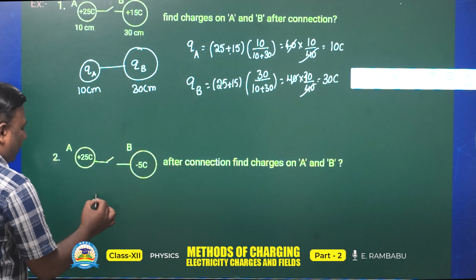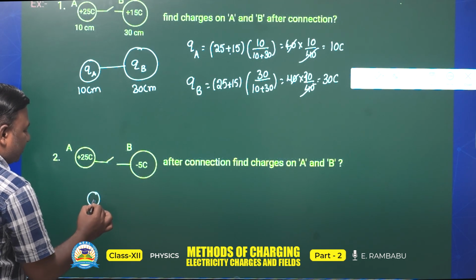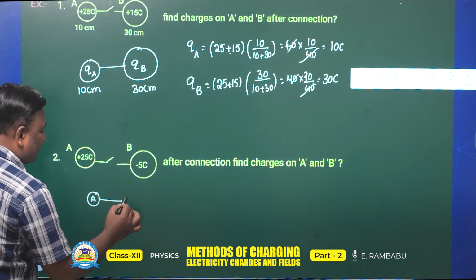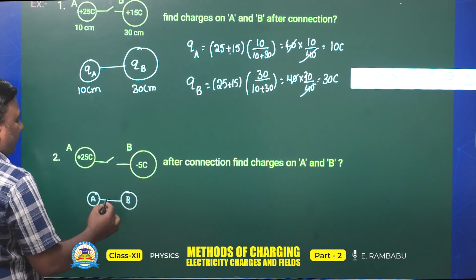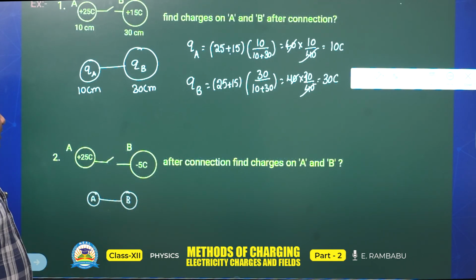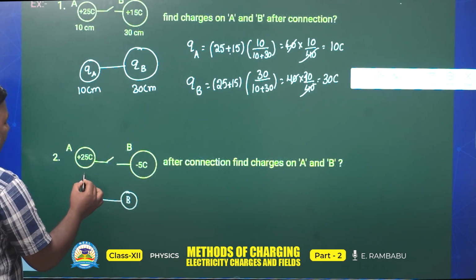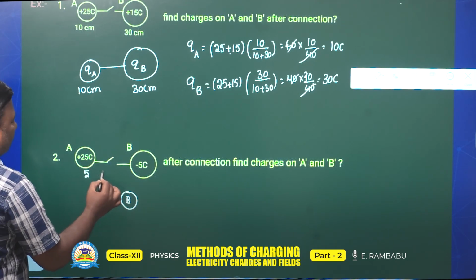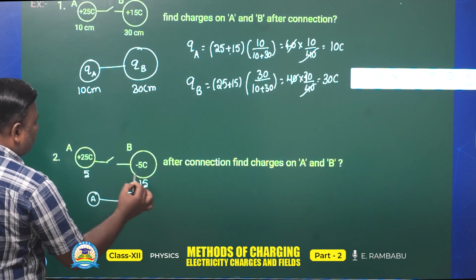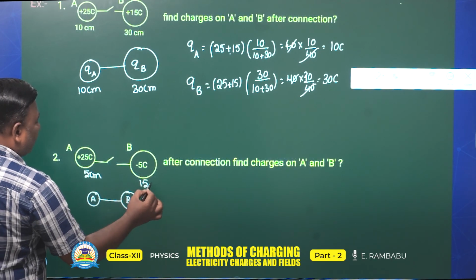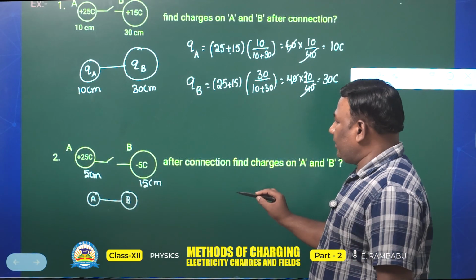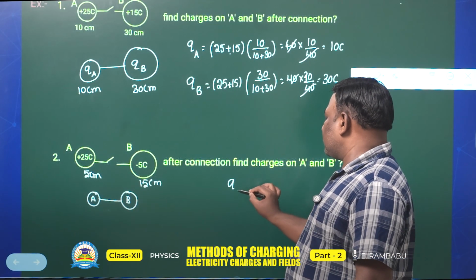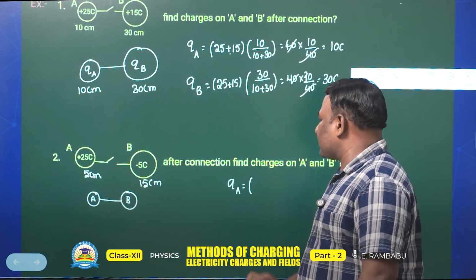Similarly, we are going to consider another example. Here, I want to find the charge on A and charge on B. In this situation, the radius will not be given. I can assume the radius as 5 centimeters and 15 centimeters. I just assume. Now from that I am going to find the charge on A. Charge on A is equal to, first we take the system charge.